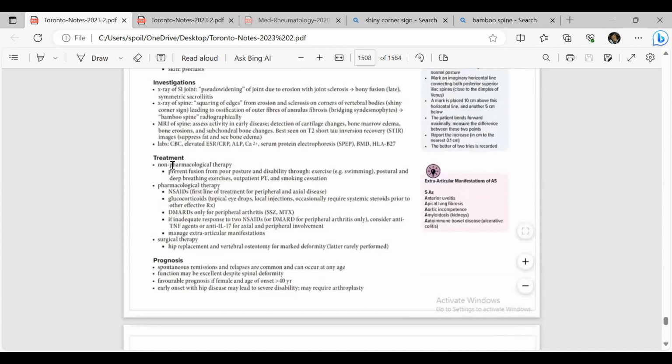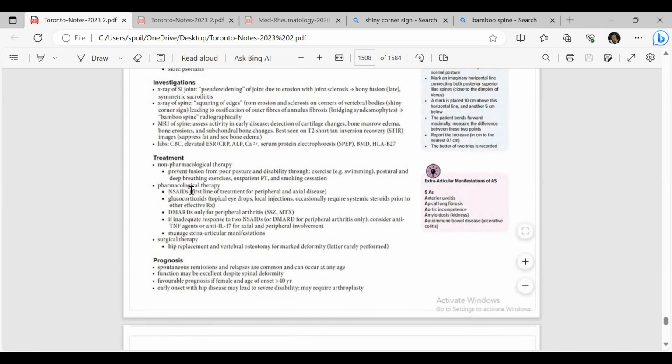The treatment is divided into two parts: non-pharmacological and pharmacological. Non-pharmacological, as we just read above, this exercise we will do. It improves the pain. Non-pharmacological: prevent fusion from poor posture and disability through exercise, that is swimming, postural and deep breathing exercises, and smoking cessation.